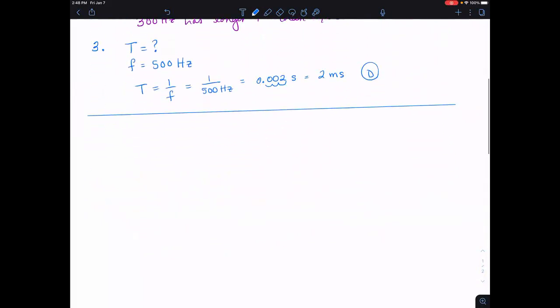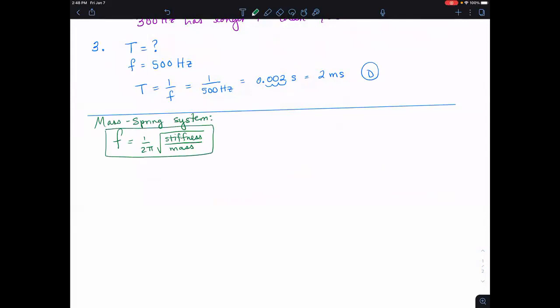Now moving on to masses and springs. The natural frequency F for a mass spring system, we're never going to use this equation. I'm just writing it out so you can look at it. We're just going to use the relationship that the stiffness is on the top and the mass is on the bottom.